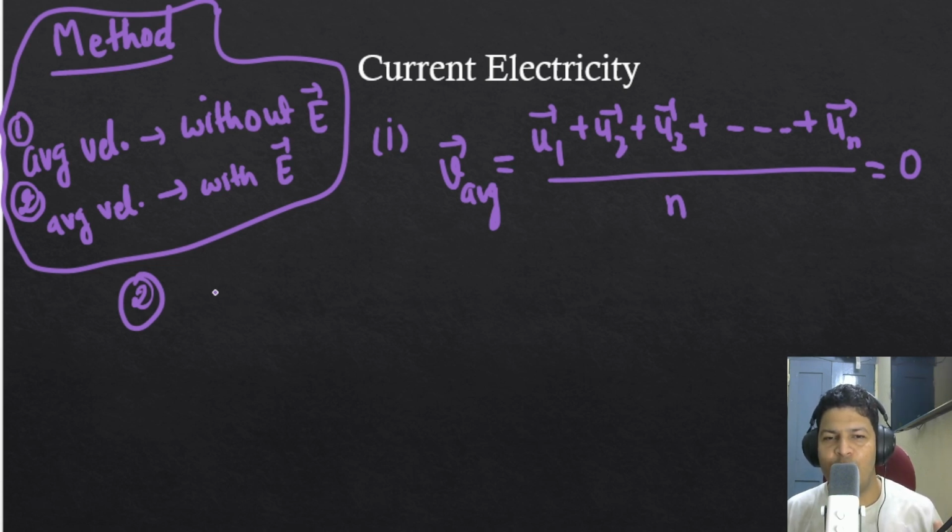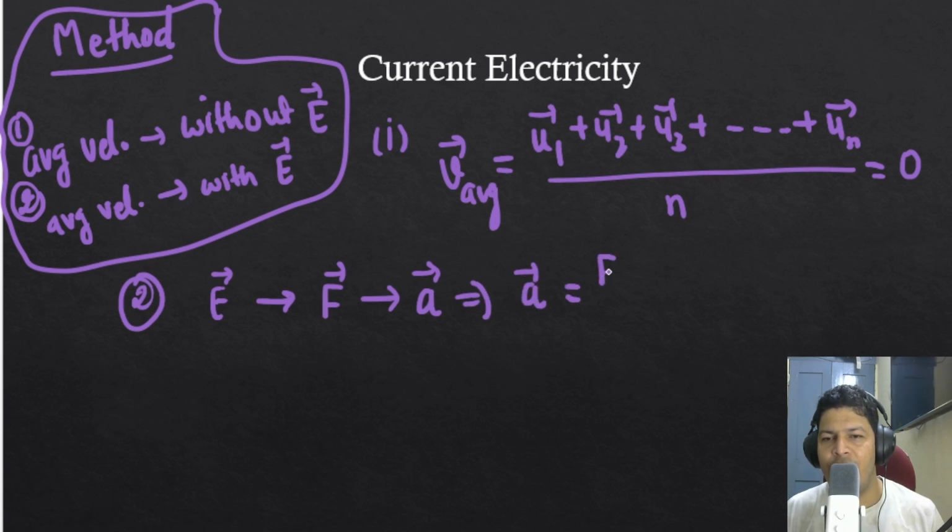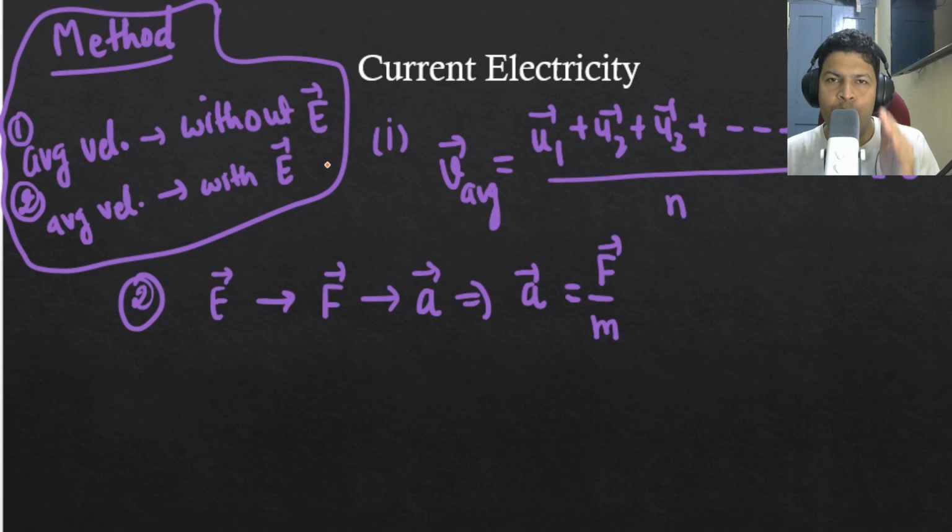Because of that force there will be an acceleration, and that acceleration value I can find out. Acceleration will be F upon m. Because of this acceleration there will be a change in velocity. Earlier the velocity was constant, now the velocity will change with time because it is accelerated motion under the electric field.